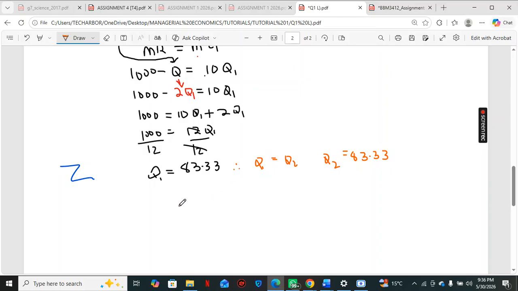Right. So the profit maximizing quantity, which we said Q equals Q1 plus Q2, is going to give us 83.33 plus 83.33.